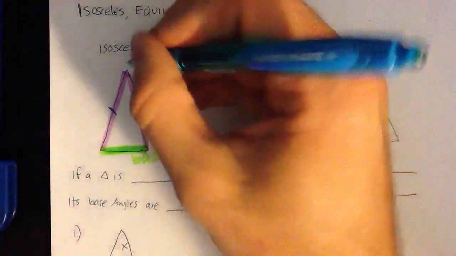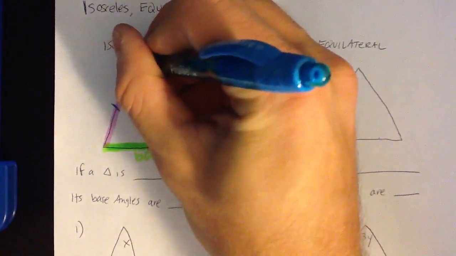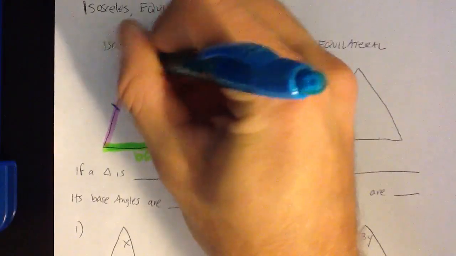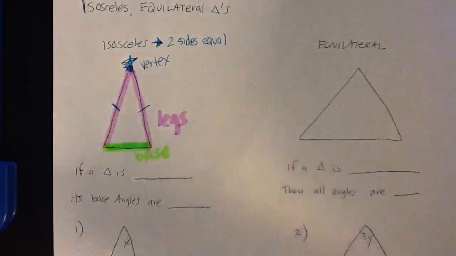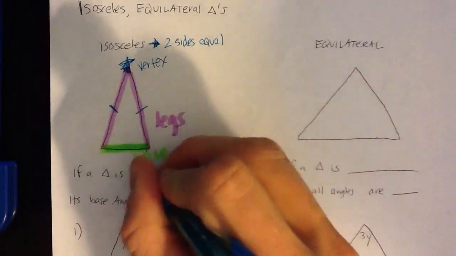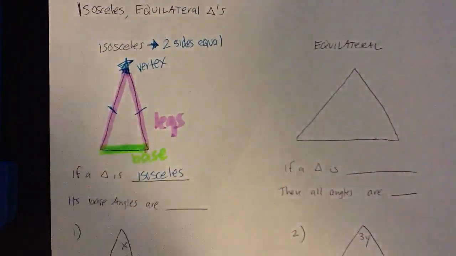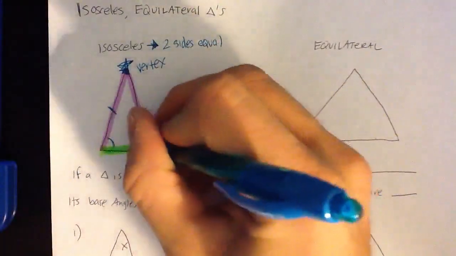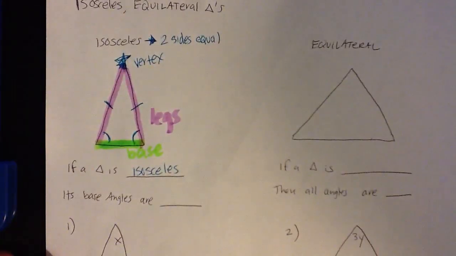And then lastly, this little piece up here, if this was a Christmas tree, where you would put the star right there is what we call the vertex. Okay, and so if a triangle is isosceles, then its base angles, which we call here, because they're the angles made by the base, are equal.